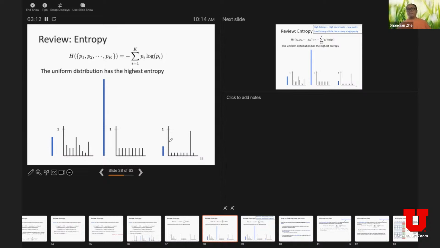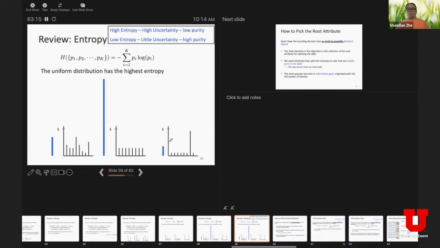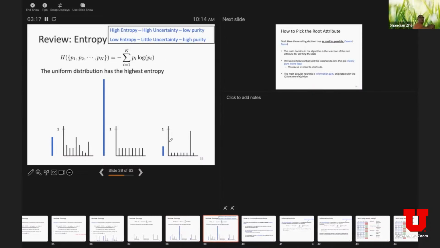The link is here. Entropy measures the uncertainty. High entropy means high uncertainty. High uncertainty implies low purity.